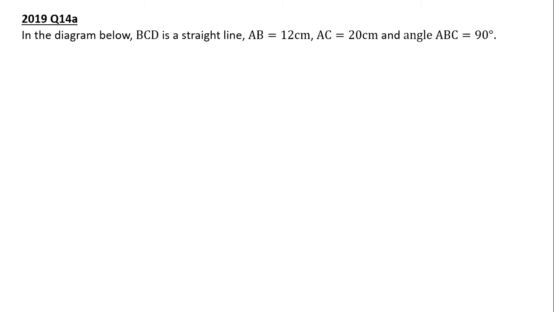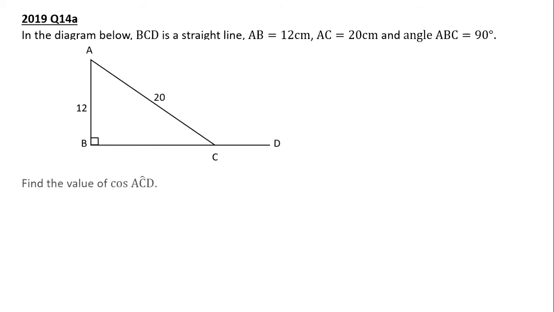2019. In the diagram below, BCD is a straight line, AB equal to 12 centimeters, AC equal to 20 centimeters and angle ABC equal to 90 degrees. Find the value of cos ACD.